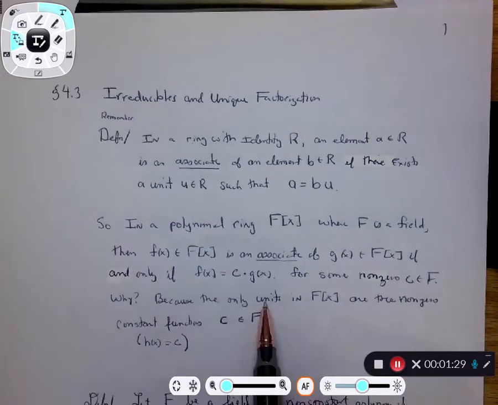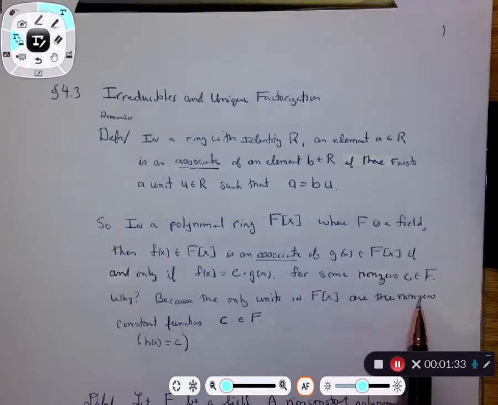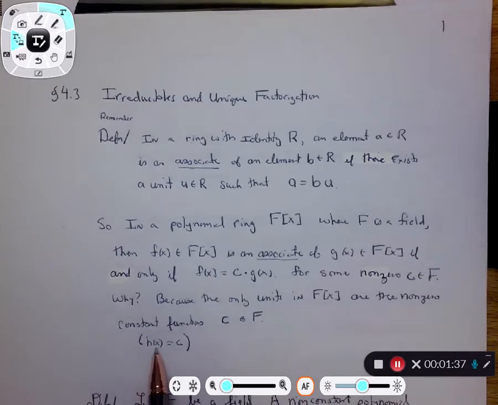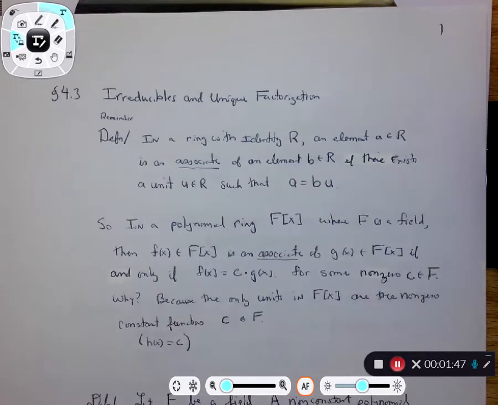Because the only units in F adjoined x as a polynomial ring are the non-zero constants c in F. And these, you can also look at them as functions. So h of x equals a constant. And remember, a constant graph is a horizontal line if you try to think about graphing these. But it actually is a function, and it's a polynomial of degree 0.